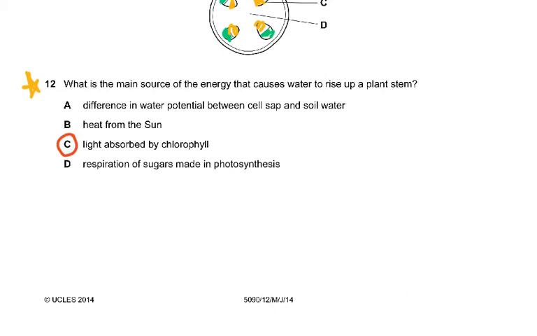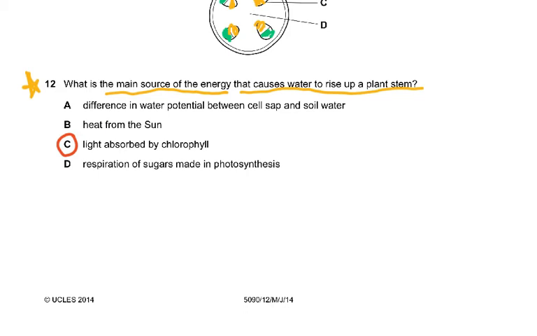No, that is not the case. The question is basically what is the main source of energy that causes water to rise up a plant stem. That main source of energy is light absorbed by the chlorophyll, because that is going to use up the water.